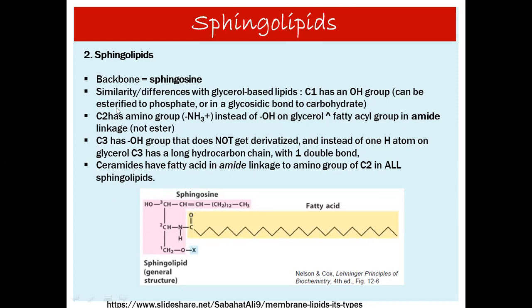This is the general structure of sphingosine. Ceramide is an example which has a fatty acid in amide linkage to the amino group of carbon number 2. This is in all sphingolipid ceramides.